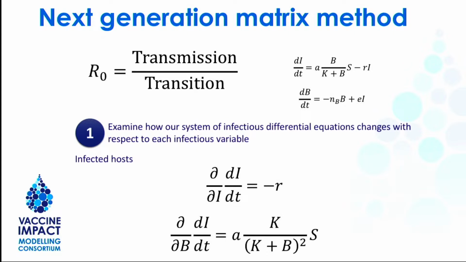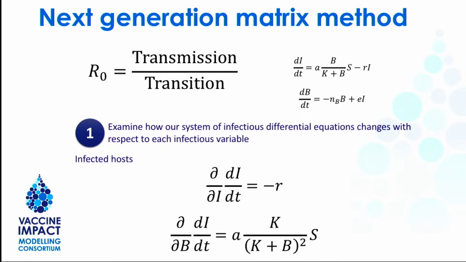So if we take this, we know that B only appears in this part of the equation. No B here, so that disappears. So we're just differentiating this part. We do it in a couple of steps. I'm not going to go through it. But essentially, this gives us how this differential equation, how this dI by dt, is changing if we change B. That's what it's giving us. Okay.